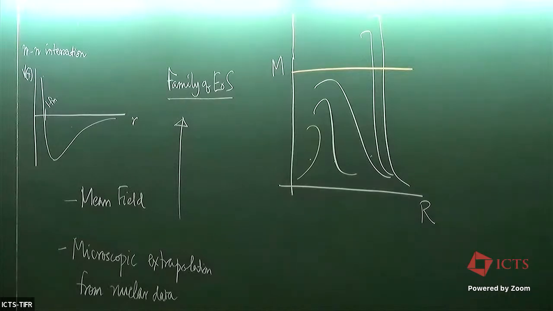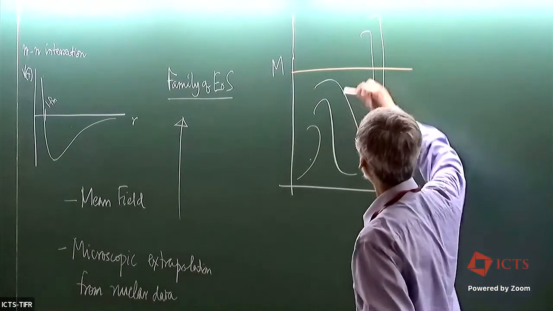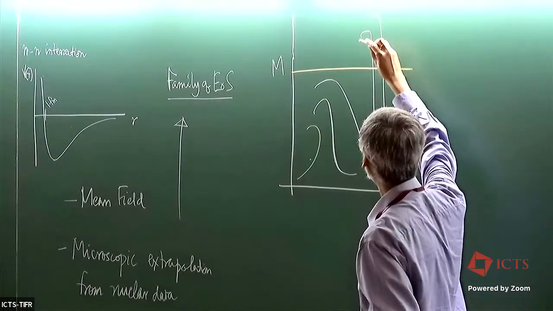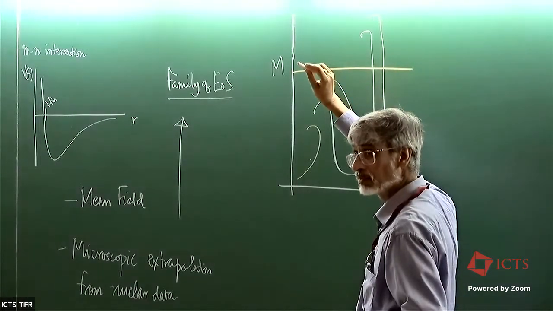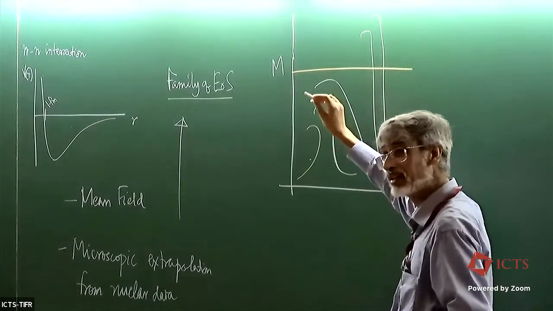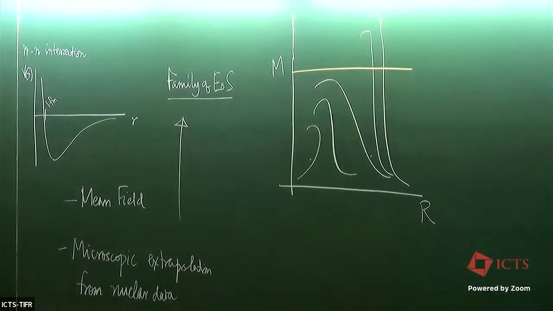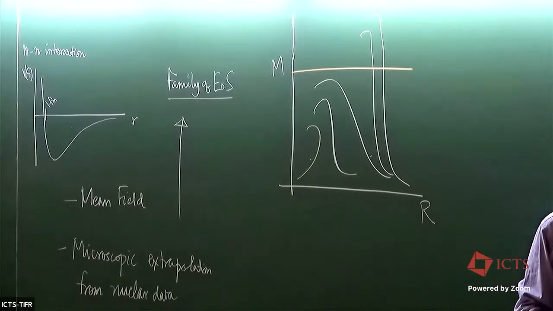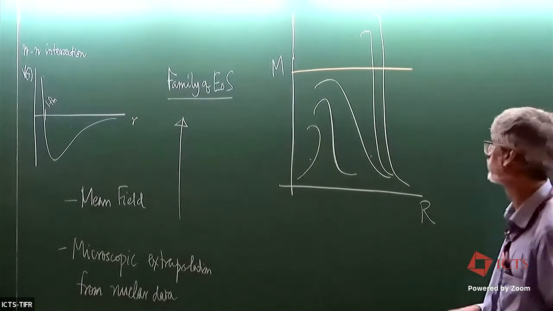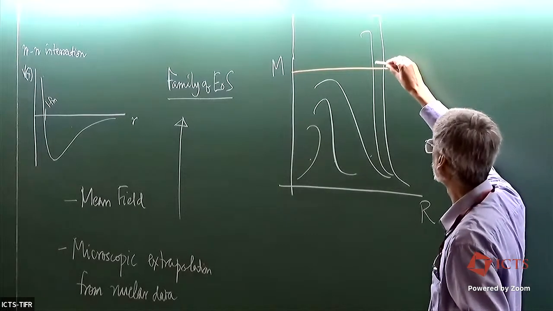Now, if we are able to measure the mass and the radius of a neutron star simultaneously, that is an even more constraining observation.